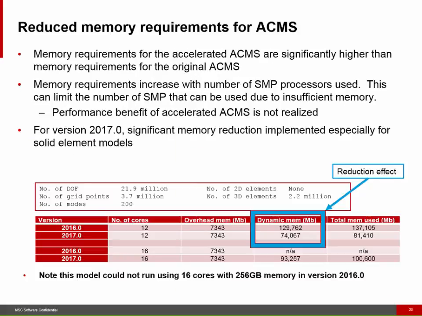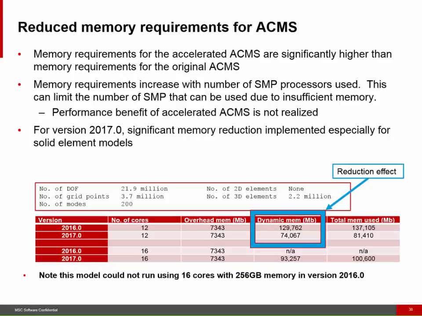The first version of the accelerated ACMS required significantly more memory than the original ACMS. Especially, the memory requirement increased with the number of processes you wanted to use. So that had resulted in two different things. First, you couldn't solve really big models because you were limited by the amount of memory, and the number of SMP threads you could use were also limited by the amount of memory.